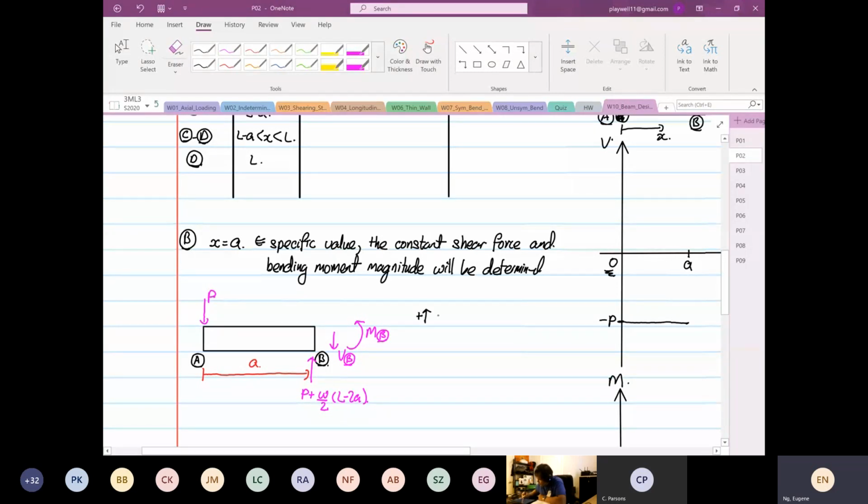Positive is going up. Summation of forces in the y direction is equal to 0. Okay. And then you have minus P plus P plus omega over 2 (L minus 2A).